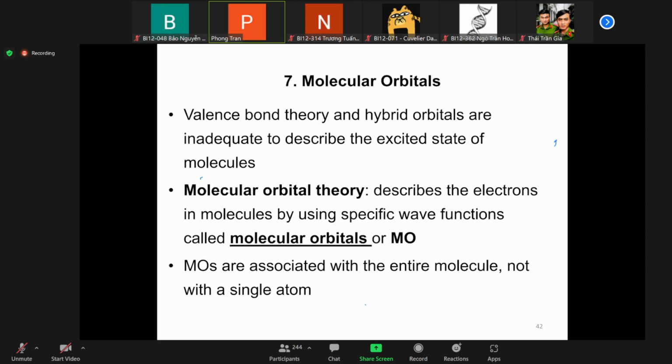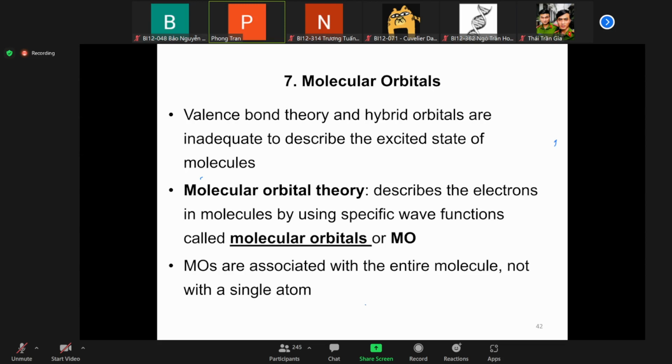Now you extend this concept to the molecule. That means we have the concept of molecular orbital. It's the space surrounding the molecule where you can have a high probability to find the electron. That means the electron density will have a high probability to localize in this space.